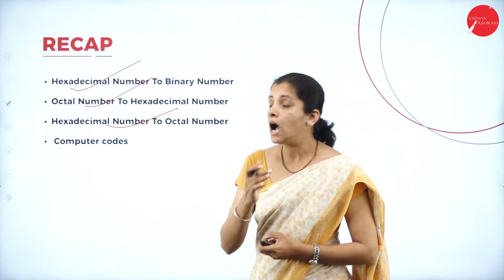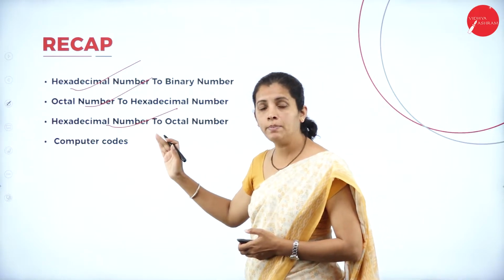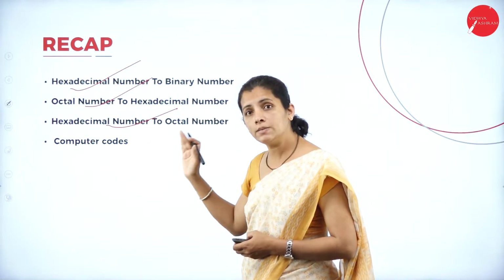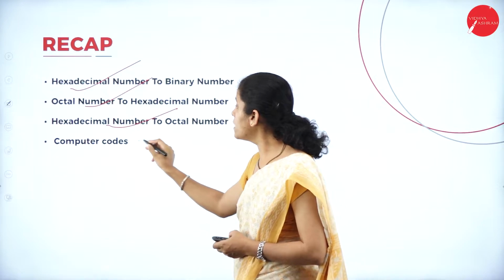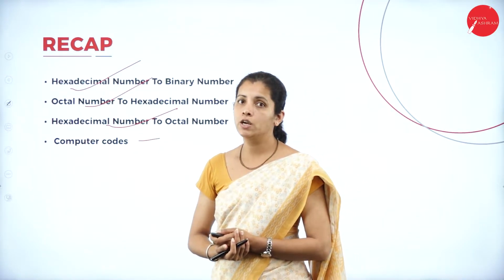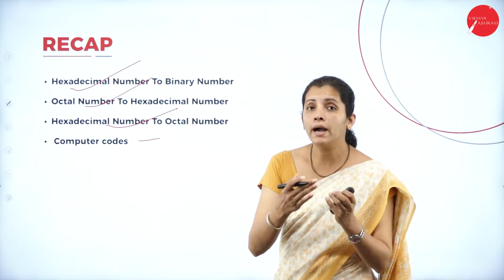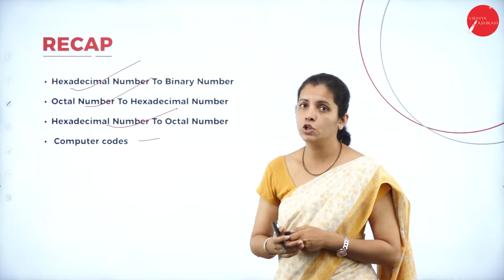Along with that, I have covered computer codes, that is binary coded decimal number system, gray code and Unicode and ASCII code, and these are the topics I have covered in my last session of this unit.